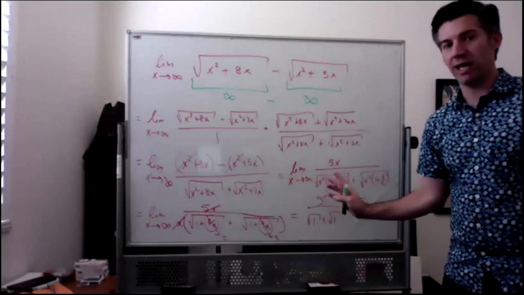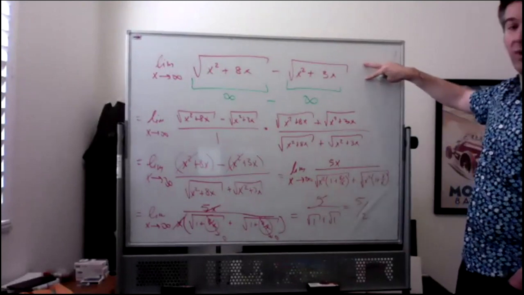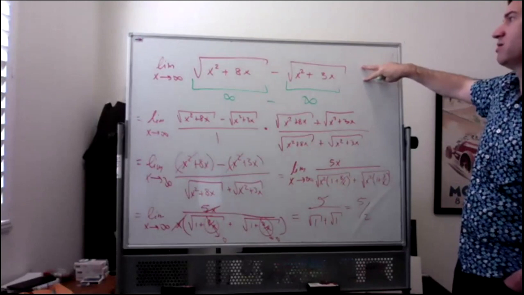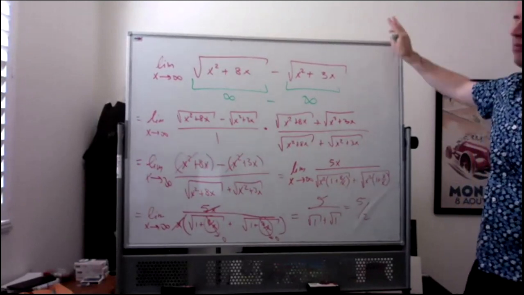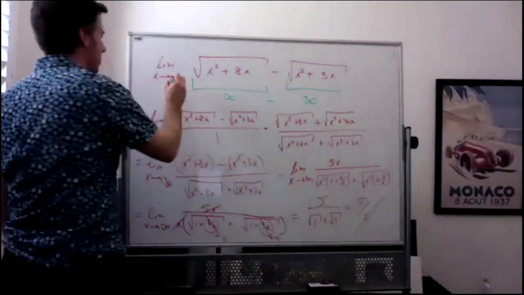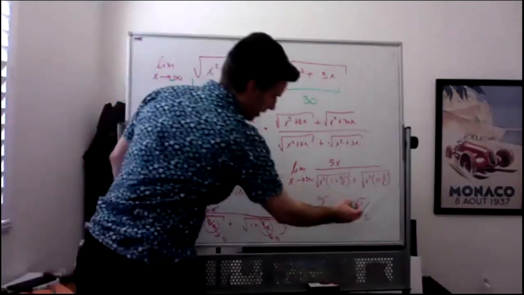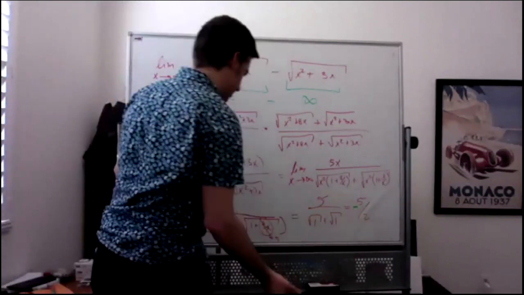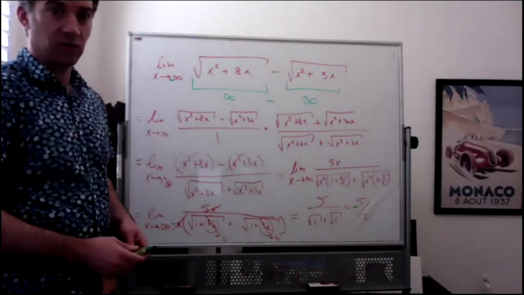I should also point out, if you actually started this question up here with x going to negative infinity, no, actually it would be okay. That'd be fine. Sometimes there's a weirdness where it doesn't work out, but this is actually fine. So if x was going to minus infinity, our answer would end up being minus 5/2 because we would have a minus x that was the square root of x squared.